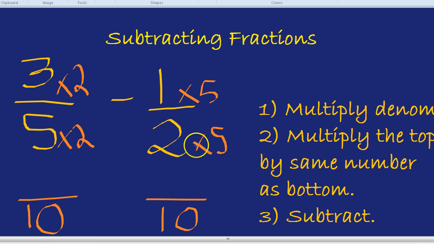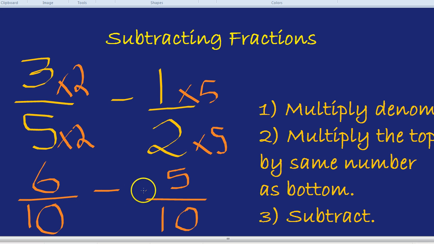Notice how we're multiplying the numbers on the left-hand side by the denominator on the right-hand side. 3 times 2 is 6, and 1 times 5 is 5.